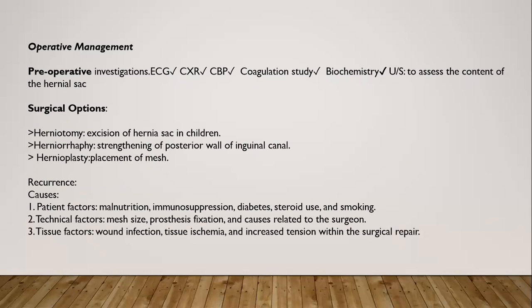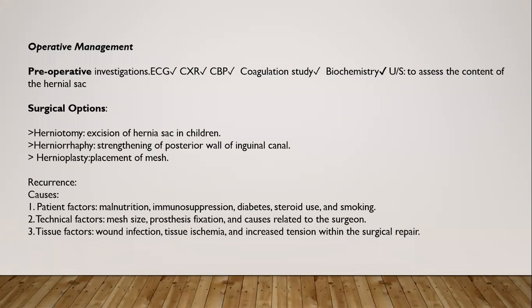That's herniotomy. Then herniorrhaphy is strengthening of the posterior wall of the inguinal canal, so that when it becomes very powerful, it's more like you're doing prophylaxis. You are preventing the hernia from happening later in future. And then you can do hernioplasty, which involves the putting of a mesh. I don't know how they put it. I just read it like that.